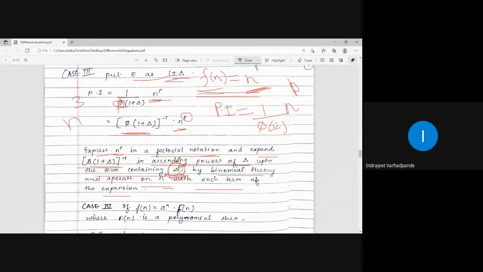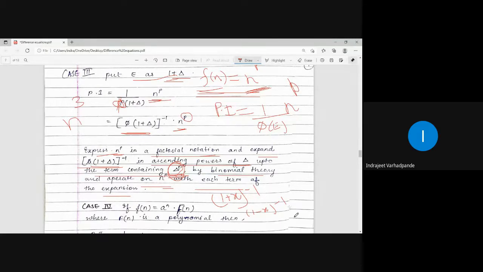So it will contain the term delta to the power p. Now you know the binomial expansion. 1 plus x to the power minus 1 is written as 1 minus x plus x square minus x cube and so on. 1 minus x to the power minus 1 is written as 1 plus x plus x square plus x cube and so on.